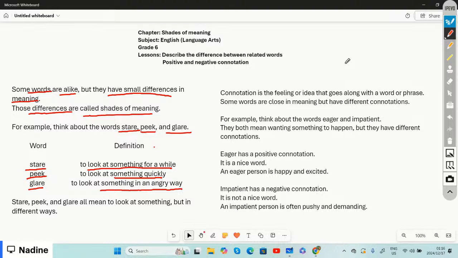All right. And if we look at the word connotation, connotation is a feeling or idea that goes along with a word or a phrase.